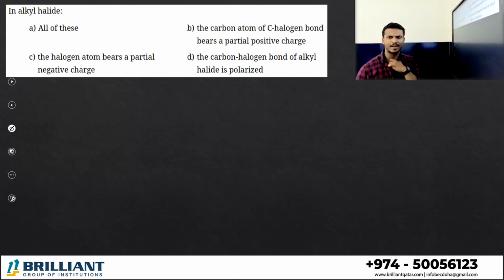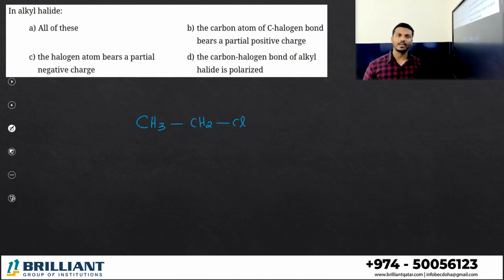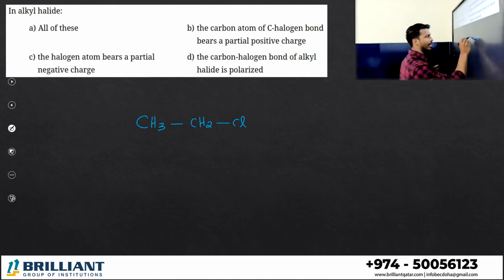Okay, let me take a simple example for haloalkane, for example CH3CH2Cl. What is this? Chloroethane or ethyl chloride. All of these are given. It is our duty to check whether the other options are correct or not. What is option B, dear student? The carbon atom of the carbon-halogen bond, where is the carbon-halogen bond here?